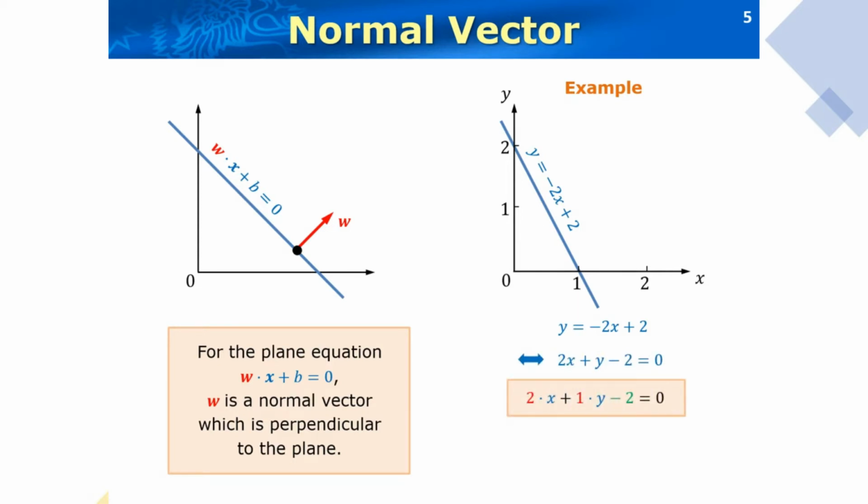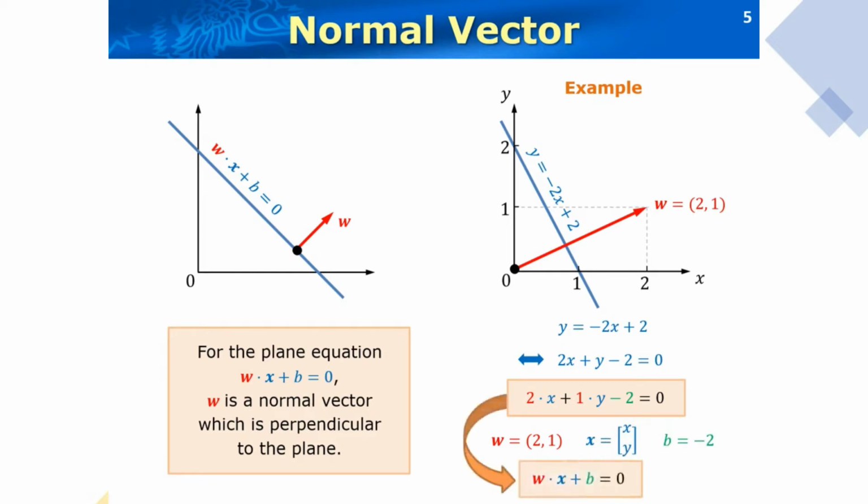Then we put x and y's coefficients 2 and 1 together, which produces the norm vector w. It is perpendicular to the line. If we set the vector x is equal to (x, y), then b is equal to minus 2, then the straight line will take the form wx plus b is equal to 0.